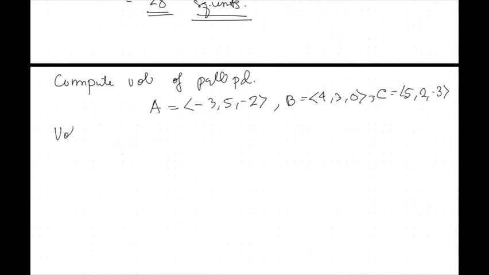So the volume is just equal to the cross product of A and B, dot C, and then take the magnitude. So how do you compute that?